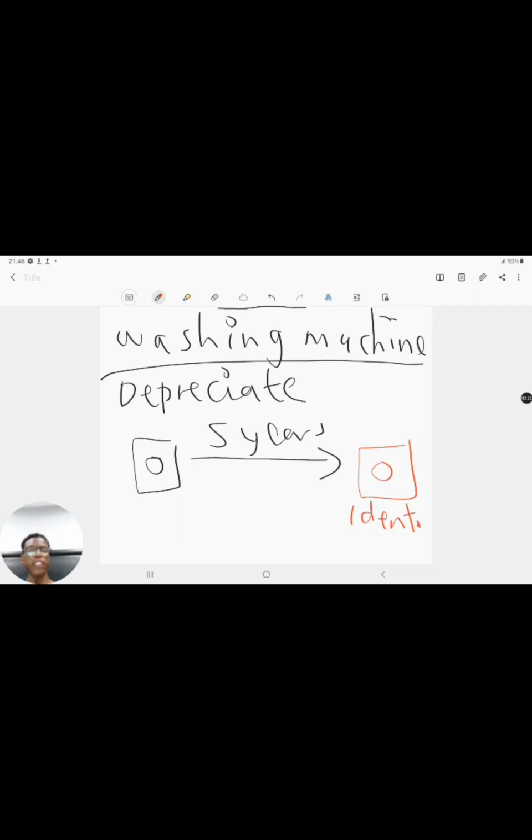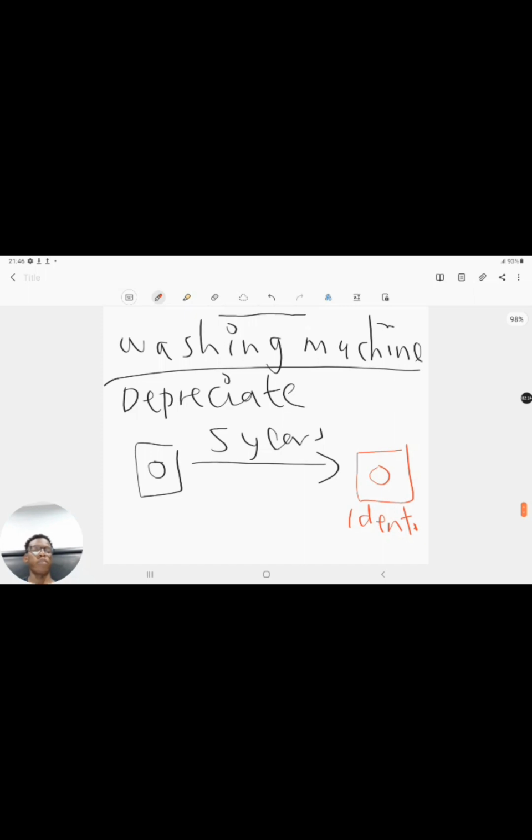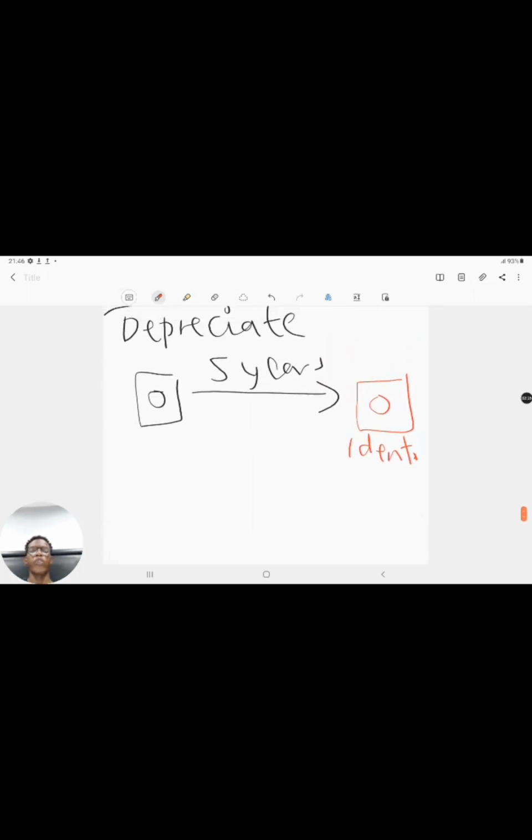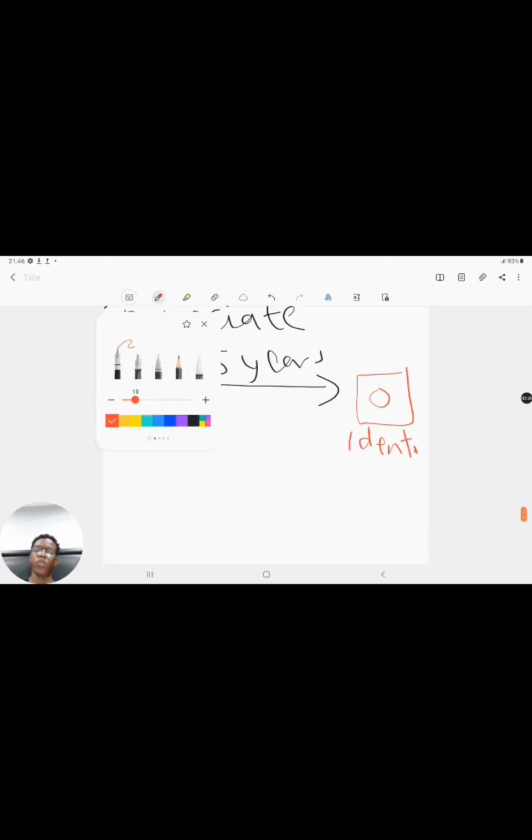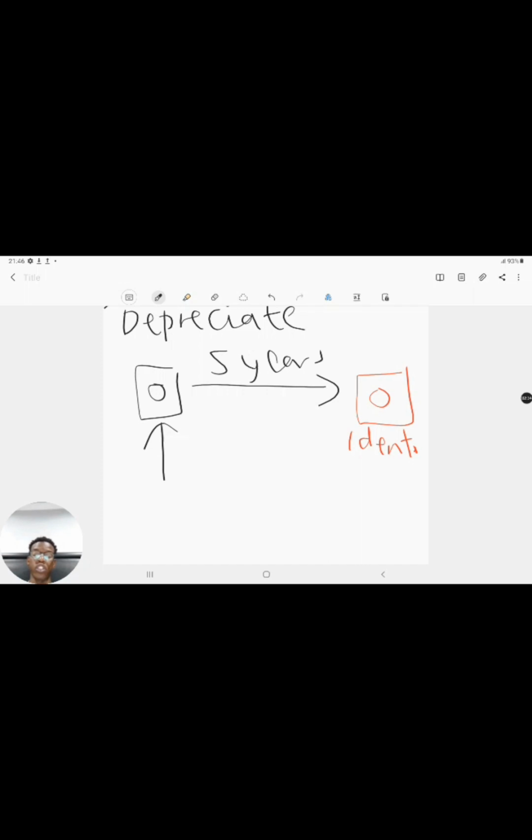Now you will agree with me on a couple of things. Firstly, this washing machine that I have today will cost a certain amount of money. Let's say this washing machine costs 10,000 rands today.